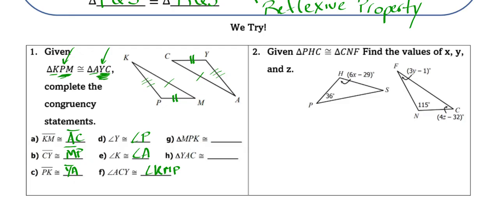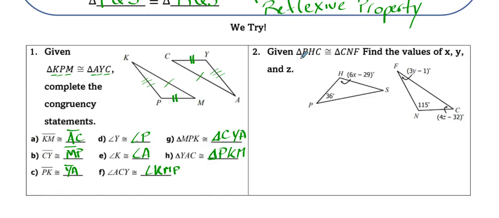MPK is written backwards there, so we're going to write this backwards also: CYA. And then YA, Y to A to C, is the same as P to K to M. Oops, sorry, that's supposed to be triangle, not angle. Triangle PKM. This is really just emphasizing that the order does matter and they match up.